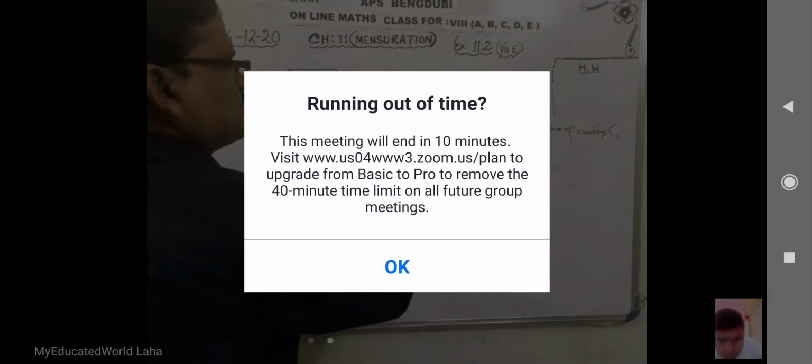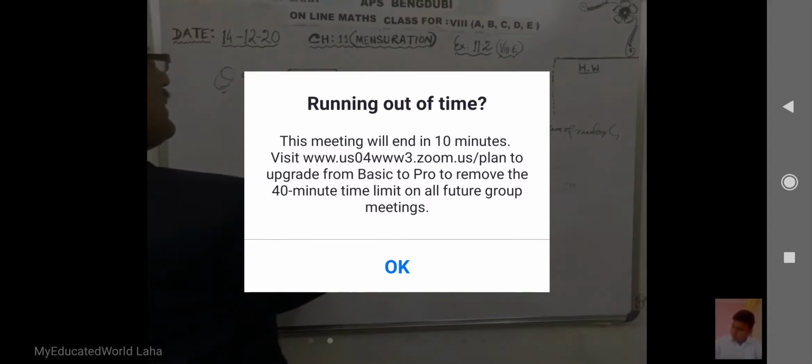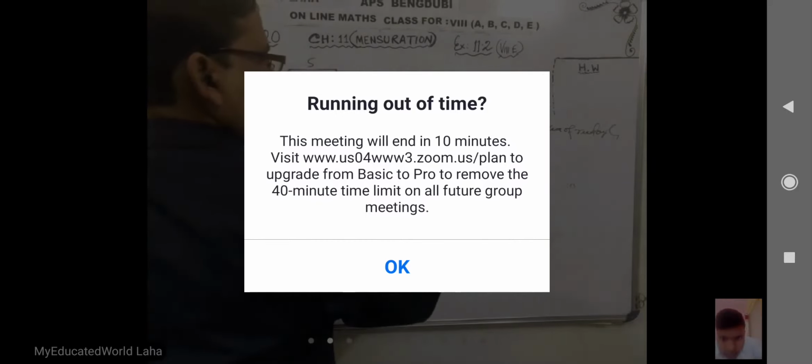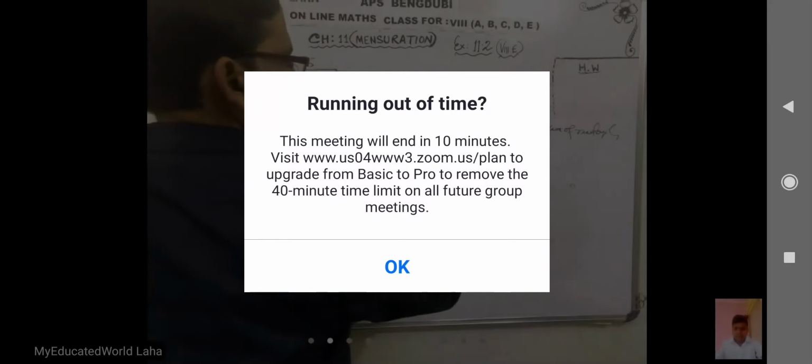So what is the area of a trapezium? 1 trapezium is equal to half into the sum of the parallel sides. Parallel sides are this one, which is 5, and this one, which is 11. So 5 plus 11. What is the height given? Height is 4 meter.